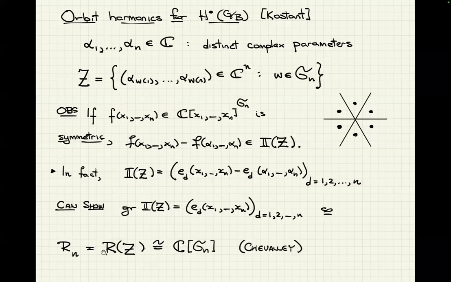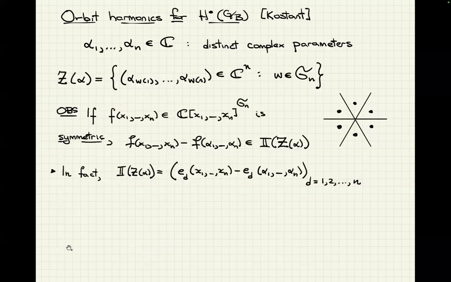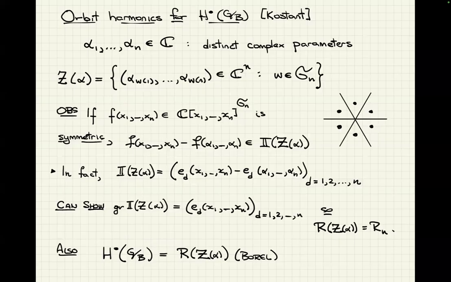And the result of all of this is the type A coinvariant ring. So we see that the orbit harmonics ring for this particular locus, depending on alpha, is the type A coinvariant ring. This is due to Borel.